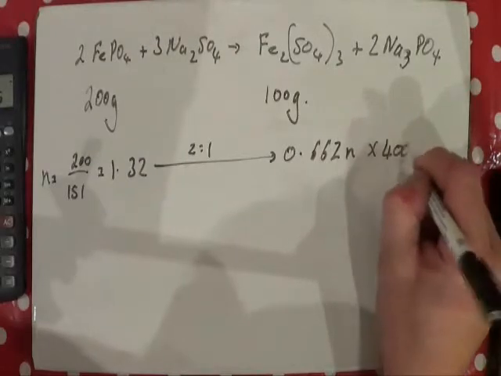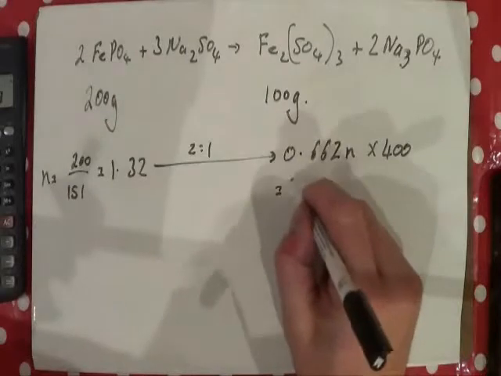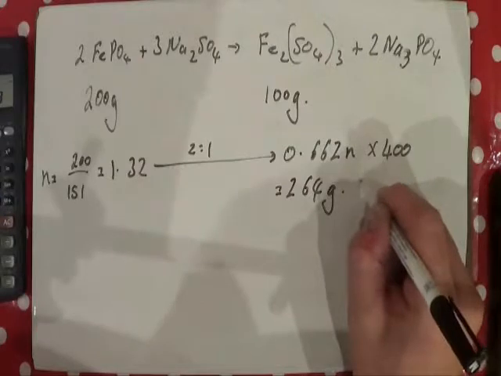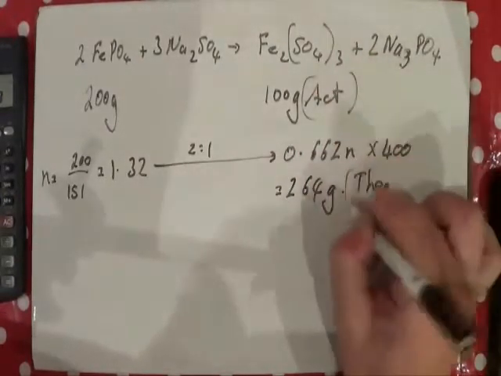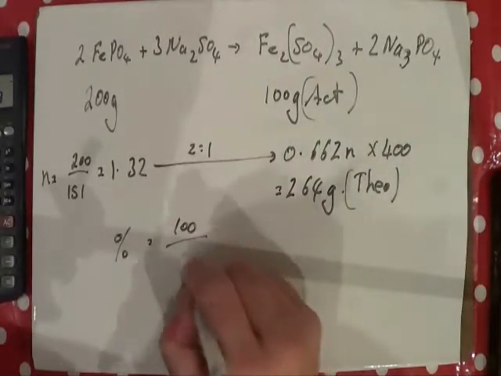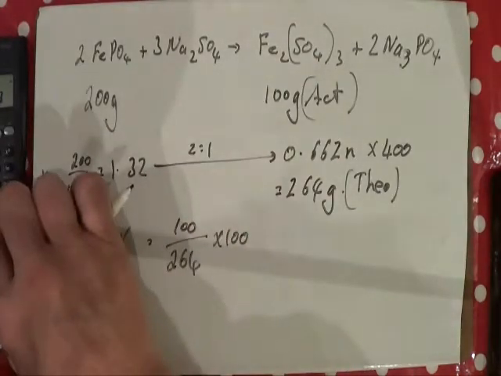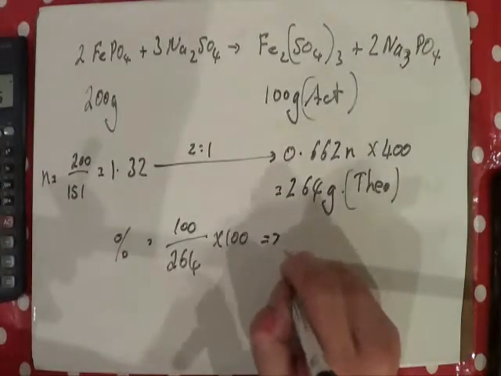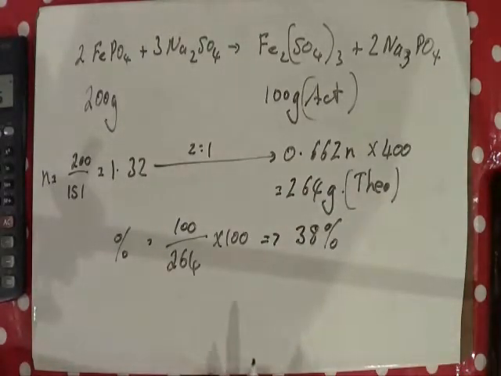We multiply that by 400, the RFM, to get mass, and the mass is 264 grams. So my theoretical yield would be 264, and my percentage yield must be 100 divided by 264 times 100, which gives me 38%.